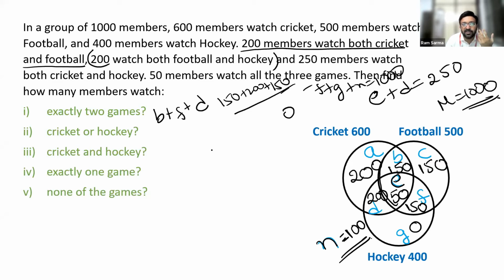What is the difference between the second question and the third one? Have you noticed any difference between the second and the third ones? Cricket or hockey, cricket and hockey. Or is union and is intersection.